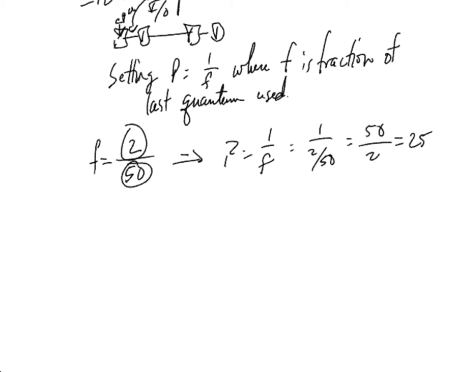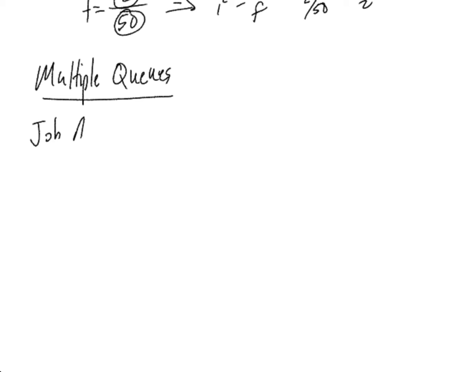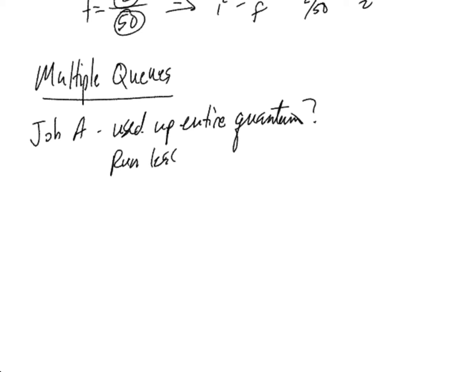The next approach is called multiple queues, which I think is a little bit of a strange name. So let's take job A, and suppose it used up the entire quantum. Then we want to run it less frequently, but with larger quanta, or with more quanta.